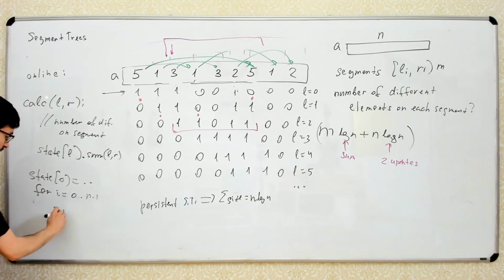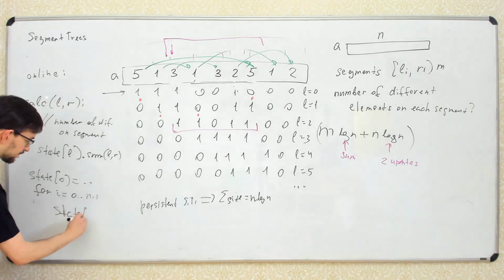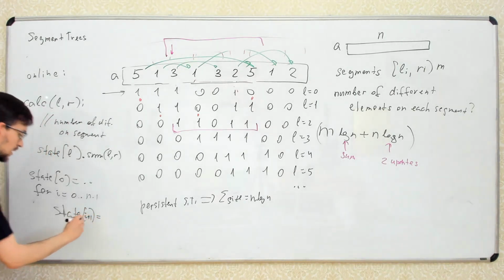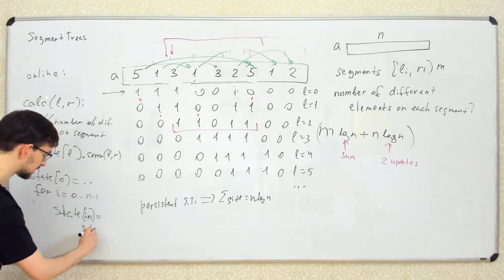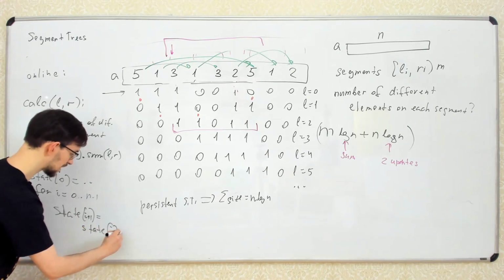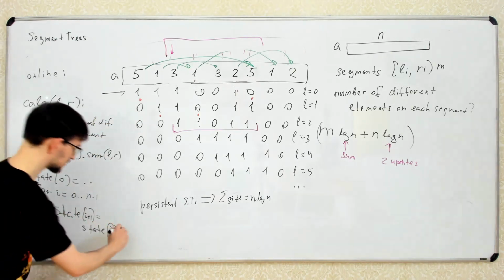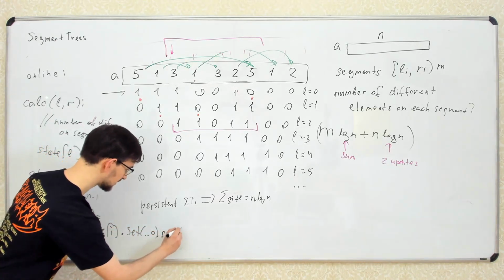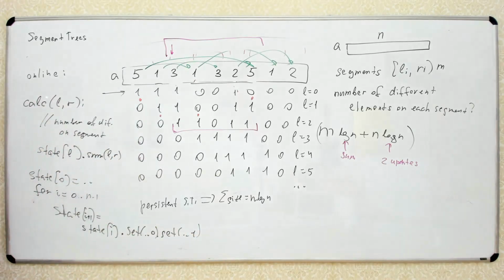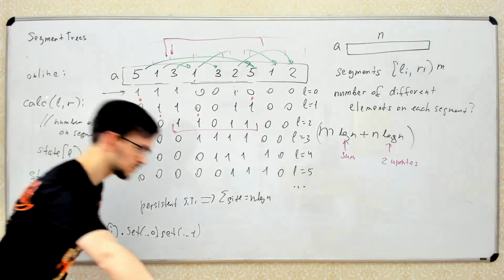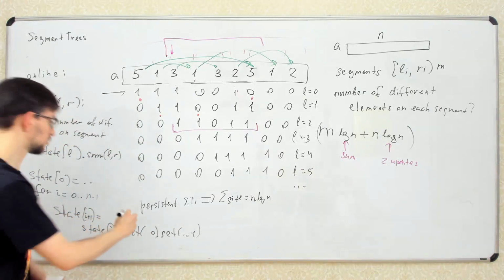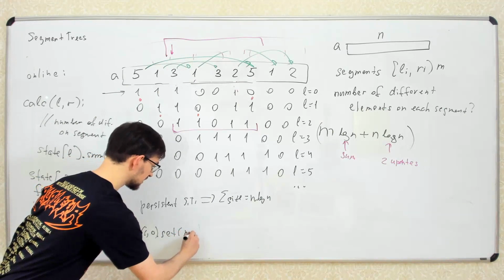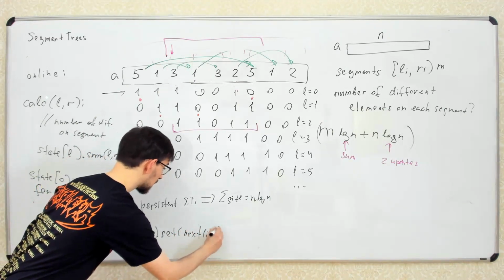Then you create the new state for i plus 1, just by taking the previous state and applying these two operations: set i to 0 and set next of i to 1.